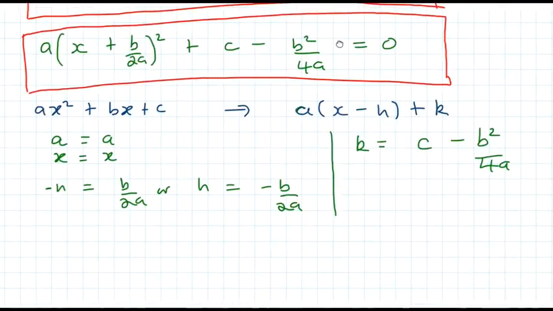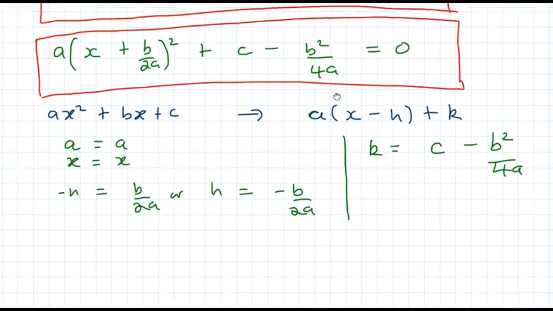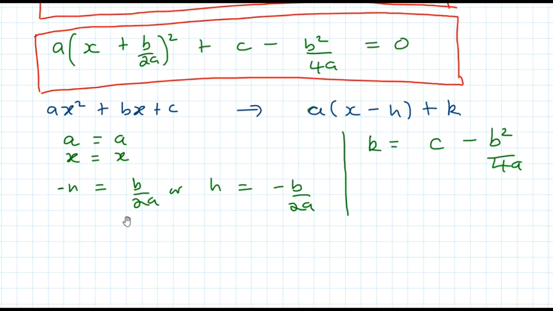Let me just write it. When A is 1, our vertex form will be this. Let me just use the green pen.